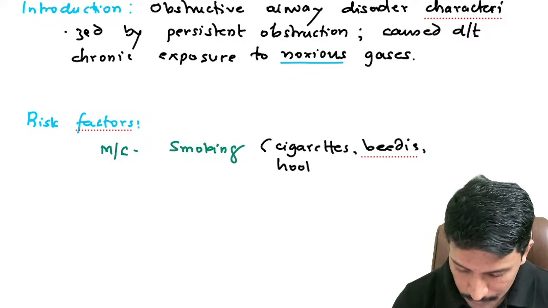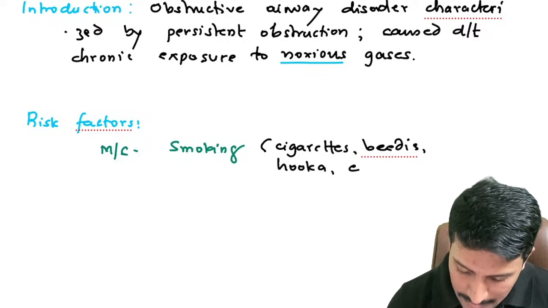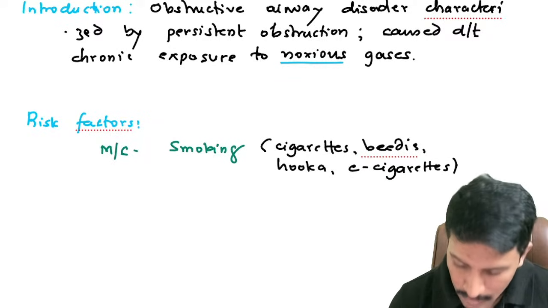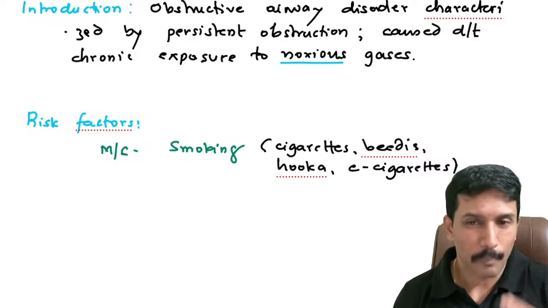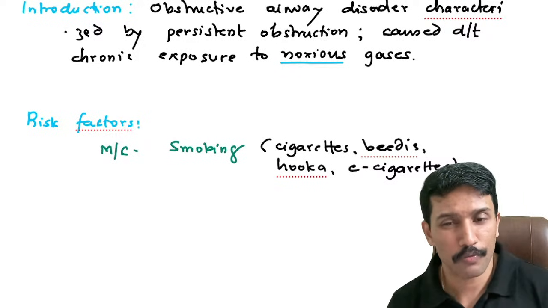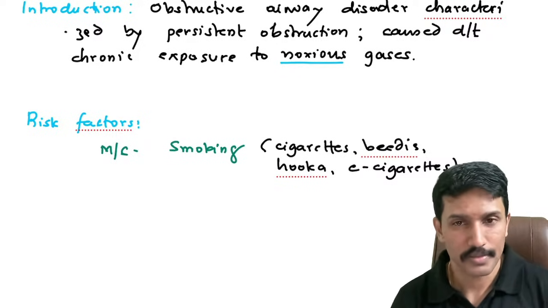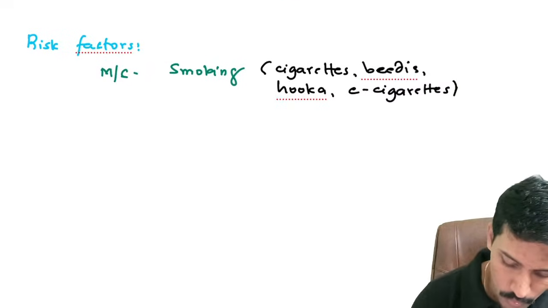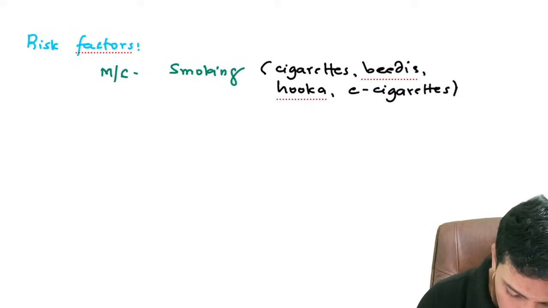Hookah and e-cigarettes. E-cigarettes are not absolutely safe. They also emit minute particles, less than PM 2.5, which can trigger COPD. So nothing is safe. So smoking is the most common risk factor, right?